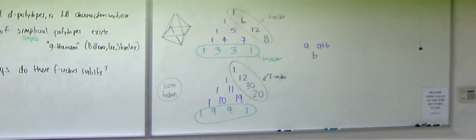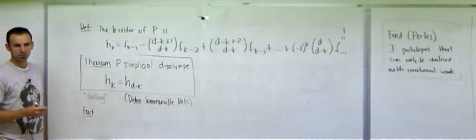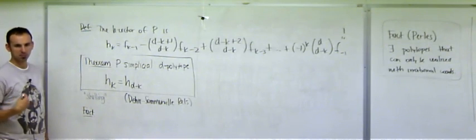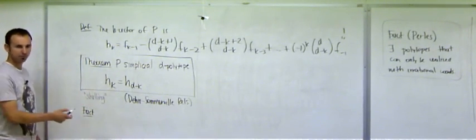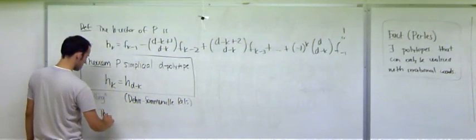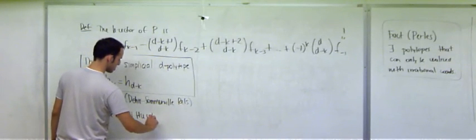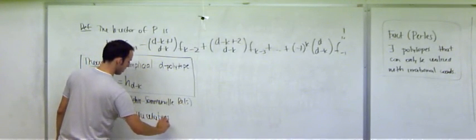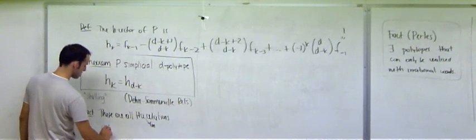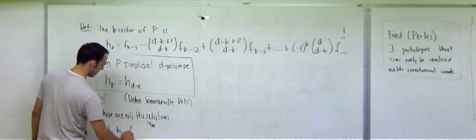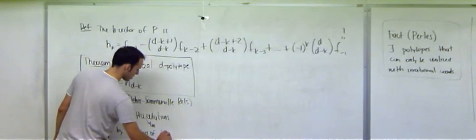So the fact is also that these are the only linear relations. Okay, so if you want to know what linear relations are satisfied by these f vectors, then it's these d over 2 relations and no others. These are all the linear relations satisfied by the f vectors of simplicial polytopes.